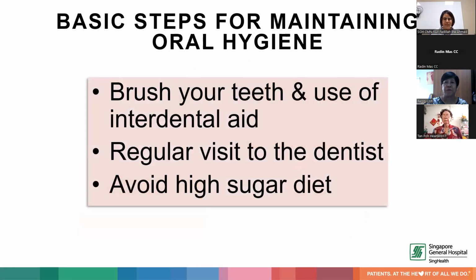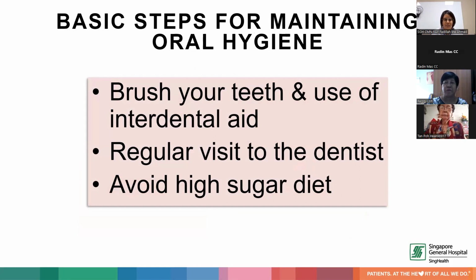So these are the basic steps for maintaining oral hygiene. Firstly is to brush your teeth and use the interdental aid. Secondly is to visit the dentist regularly. And third is to avoid a high sugar diet. Why do we need to avoid a high sugar diet? Because when sugar is consumed, it interacts with the bacteria in the mouth to produce acid.